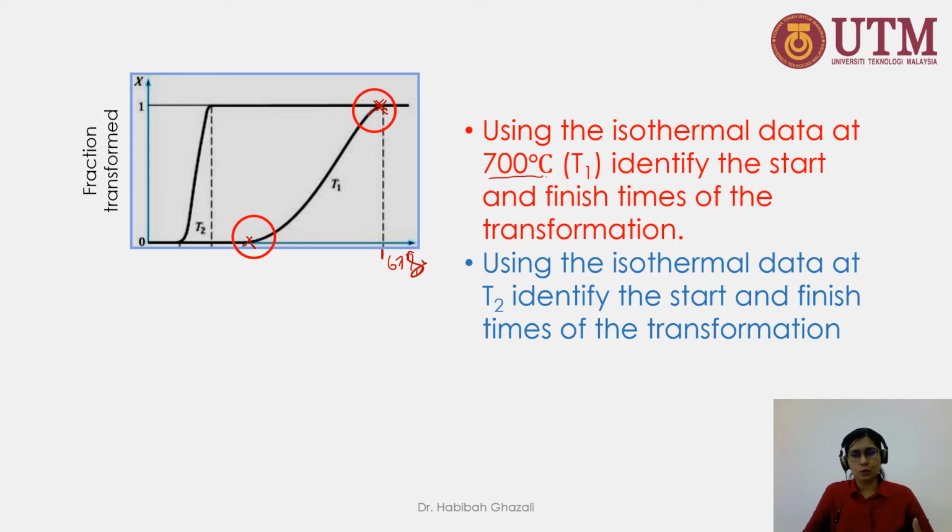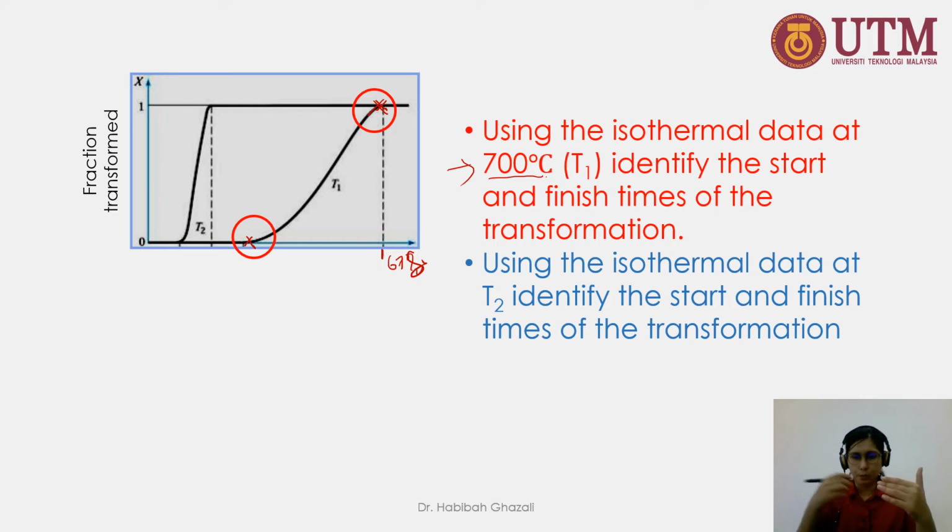So what they will do next is to try it at a different temperature. So using the isothermal data at T2, let's say they hold the material from austenite, then quench it to a temperature below the first one, below 700 degrees Celsius. They use the same steel with 0.8 weight percentage of carbon, but now instead of 700, they quench it to 600, for example.